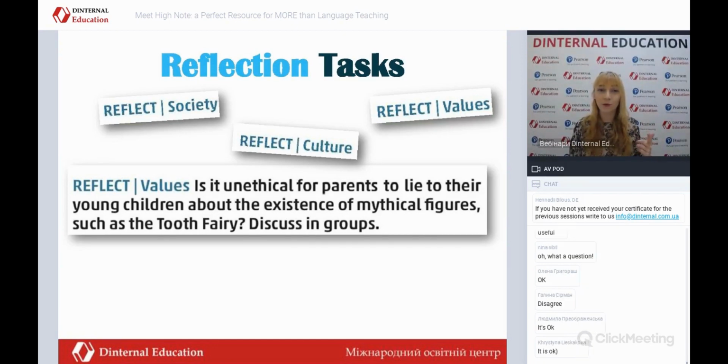So definitely they will look for some life experience. They will think about what their parents told them and how they felt, and if they want to do it with their children or not. So it's a lot to think about. That is why, once again, I cannot stop mentioning that this book, this course, is really intensive and high level, not only in terms of language, but general content as well.